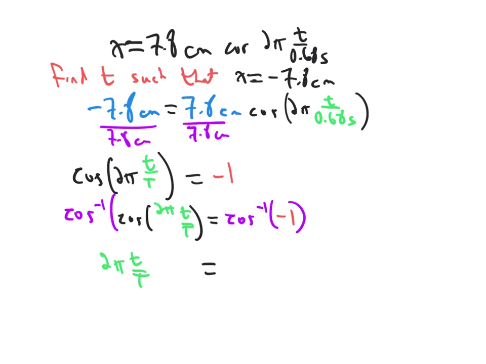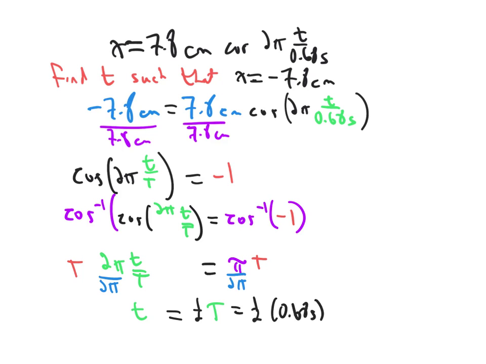Turns out that the inverse cosine of minus 1 is pi radians. And so by solving this, we can divide out 2 pi and multiply both sides by T, and we end up with that little t must equal 1/2 big T, which in our case is 1/2 of 0.68 seconds, which is 0.34 seconds.